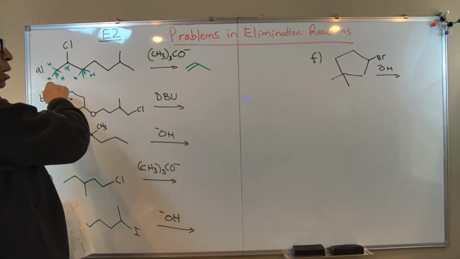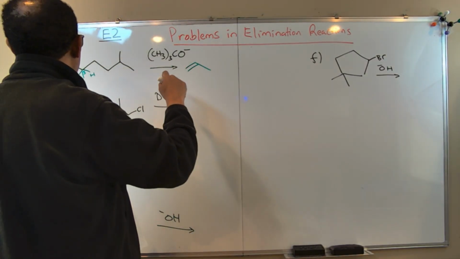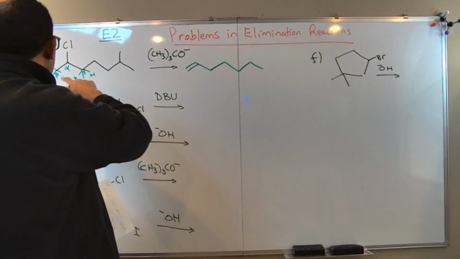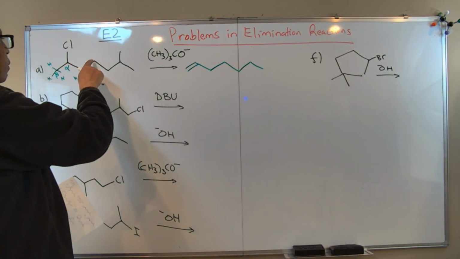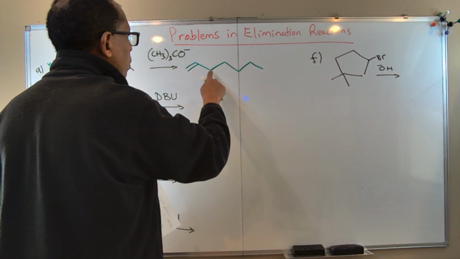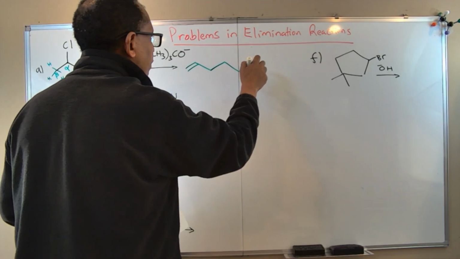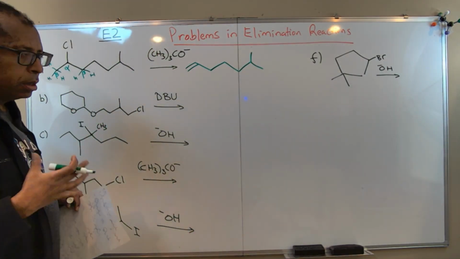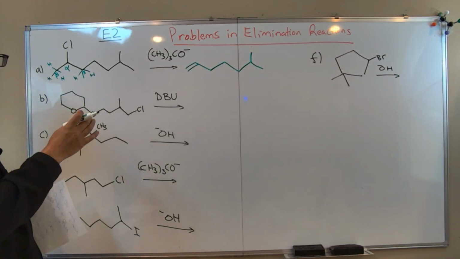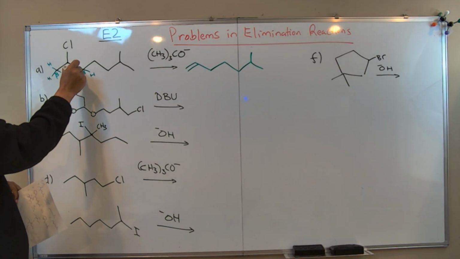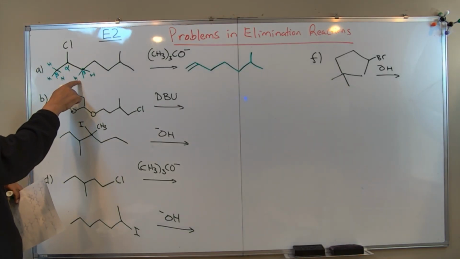From this beta carbon, you would form, so it's 1, 2, 3, 4, 5, 6, 7, this. So this is one of the alkenes. And the other constitutional isomer would be by eliminating one of the hydrogens from this beta carbon.